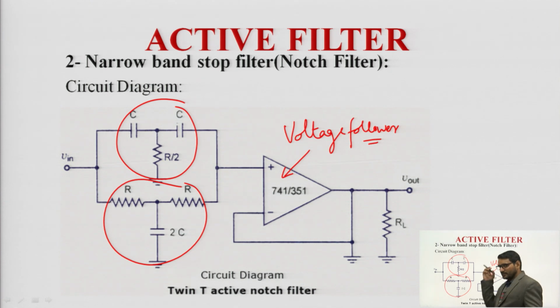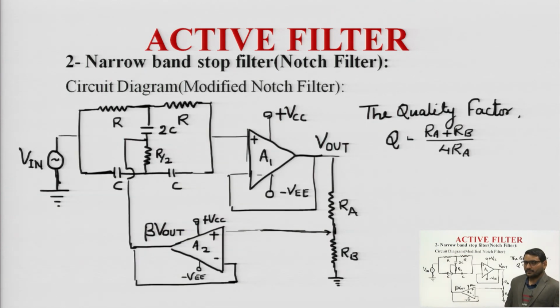It is similar to an emitter follower and source follower if you consider the case of BJT and MOSFET. Okay. This is the modified twin T network here.